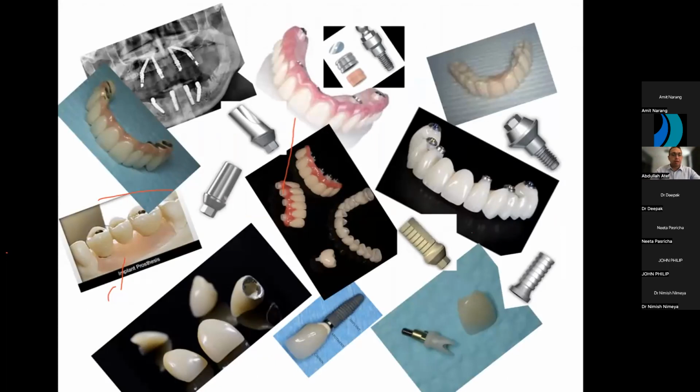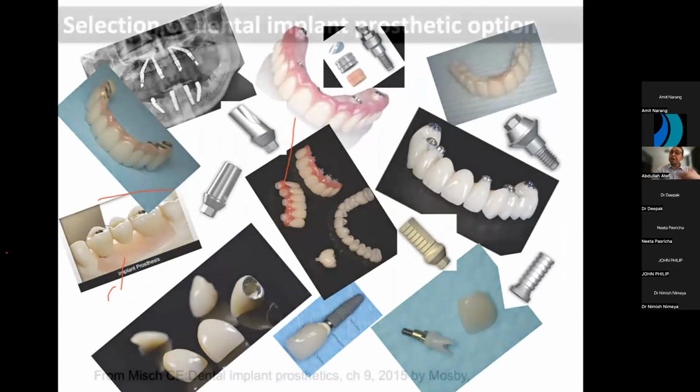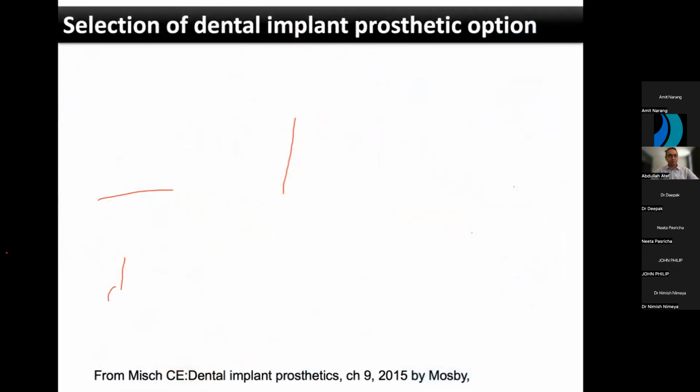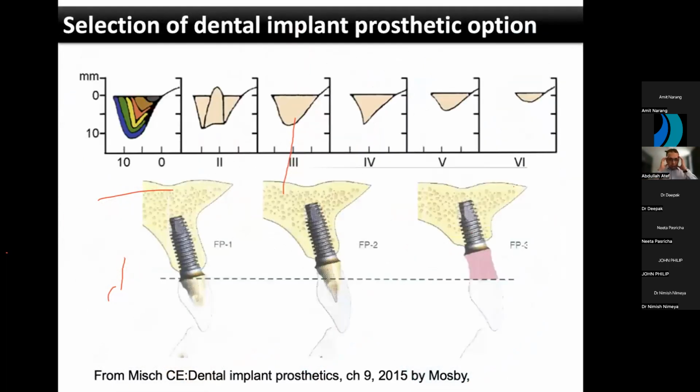in reconstruction or rehabilitation, where you have to think: I will restore the crown, or I will restore the crown and part of the root, or I will restore the crown and part of the root and the soft tissue support around gingiva and tissue and lips, mucosa.